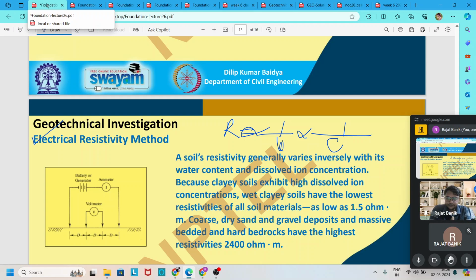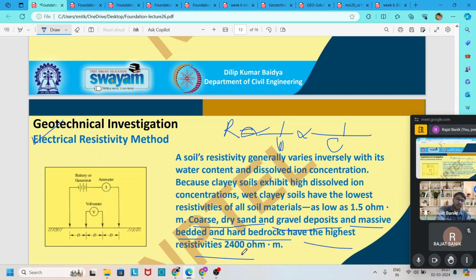So soil resistivity generally varies inversely with its water content and dissolved ion concentration. Clay soil exhibits high dissolved ion concentration, and wet clay soil has the lowest resistivity of all soil materials, as low as 1.5 ohm meter. Coarse dry sand or gravel deposits or massive bedded and hard bedrock have the highest resistivity, like 2400 ohm meter.